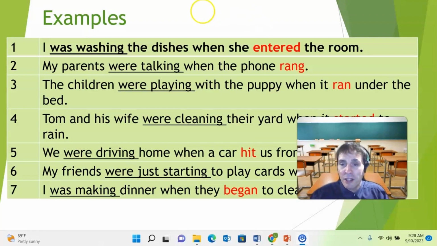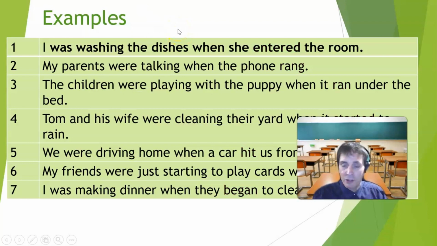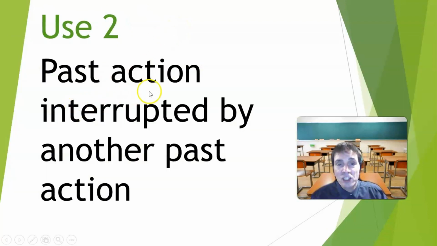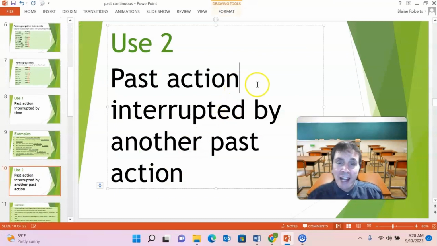So this use is when we talk about a past action in progress interrupted by another past action. I'm just going to make a note of that. Past action in progress.